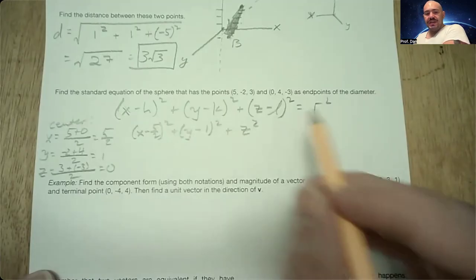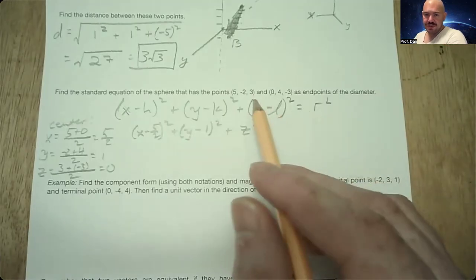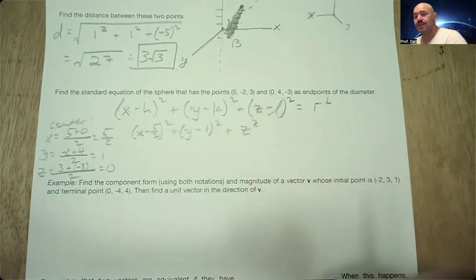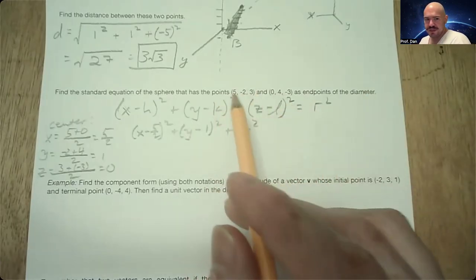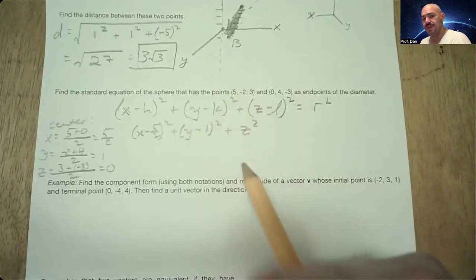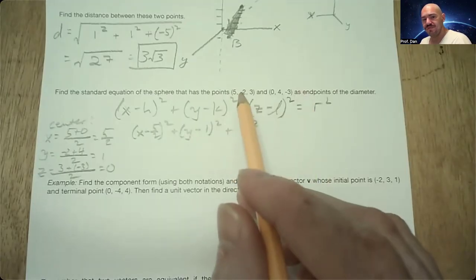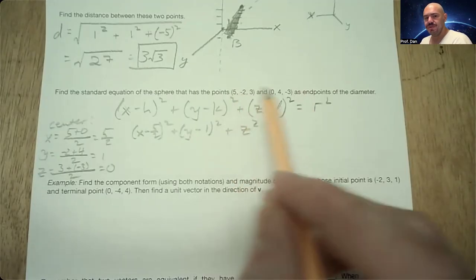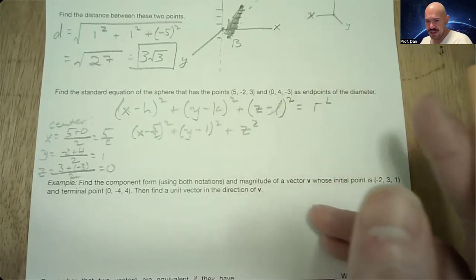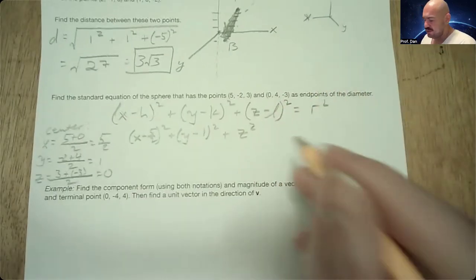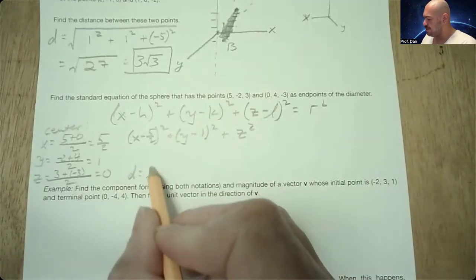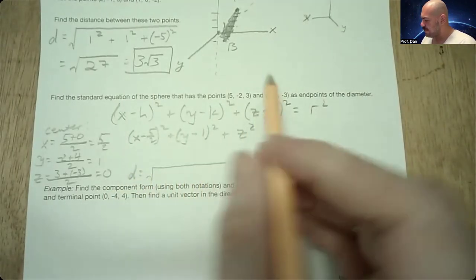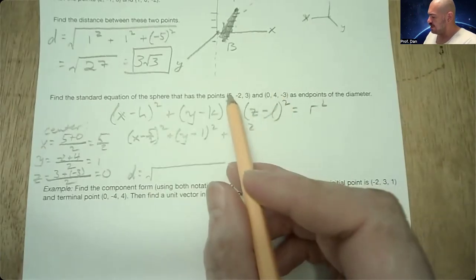Okay, now to find the radius, think about it. What is the radius? It's half the length of the diameter. So I can find the diameter because I know the endpoints on one of the diameters, right? So if I can find the distance between these 2 points, I have the diameter. So diameter is equal to the square root of the change in x.